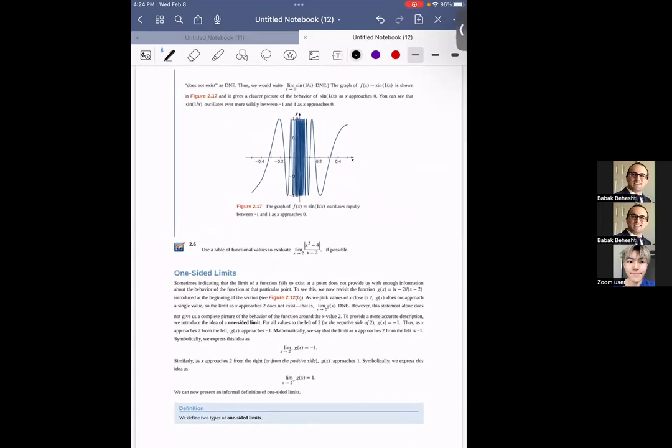Now, another example. Can you use a table to see whether this limit exists or not? On the top, you have absolute value of x squared minus 4. On the bottom, you have x minus 2. Can you just use a table to see whether this limit exists or not? X goes to 2. So the limit of absolute value of x squared minus 4 over x minus 2, x goes to 2.